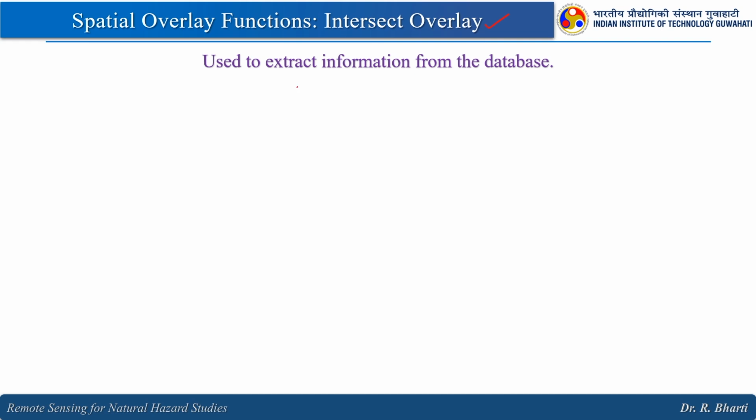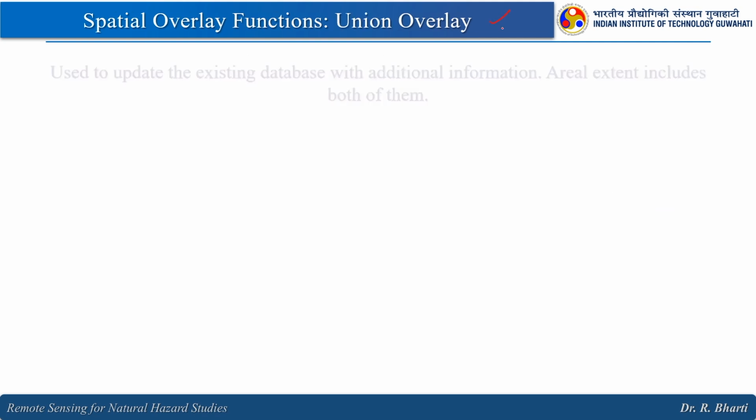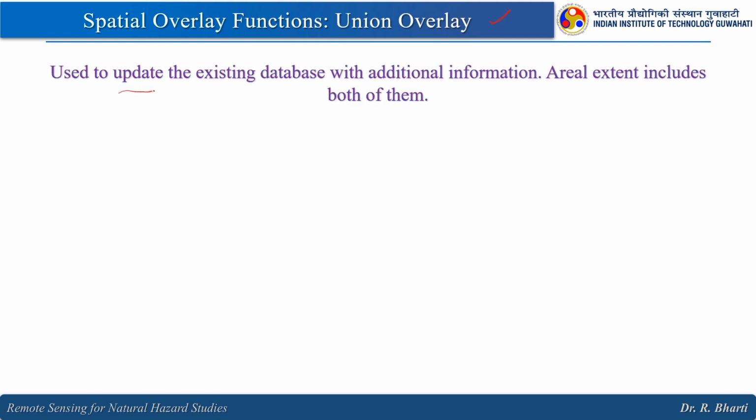Intersect overlay is used to extract information from the database. So, here this is the intersect feature and this is the database. Wherever you have the common boundary, you will have the output. Then union overlay: here it is used to update the existing database with additional information. Areal extent includes both of them.